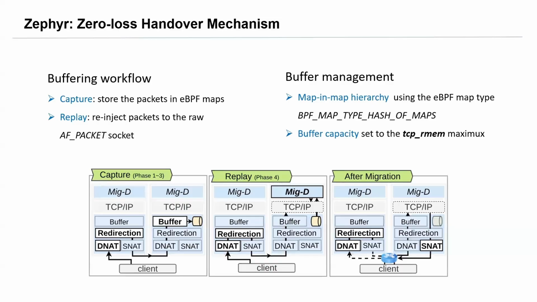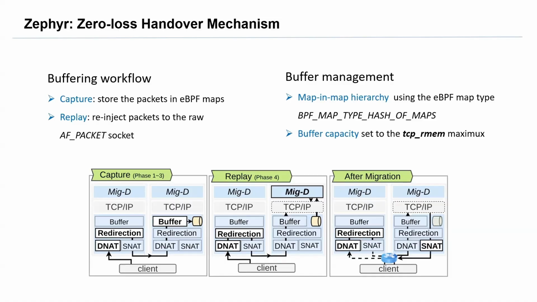During the replay phase, the user space MIG-D will retrieve those packets from the eBPF maps and re-inject them to the raw AF_PACKET socket. For buffer management, we use a map-in-map hierarchy that allows dynamic allocation rather than allocating before compilation.